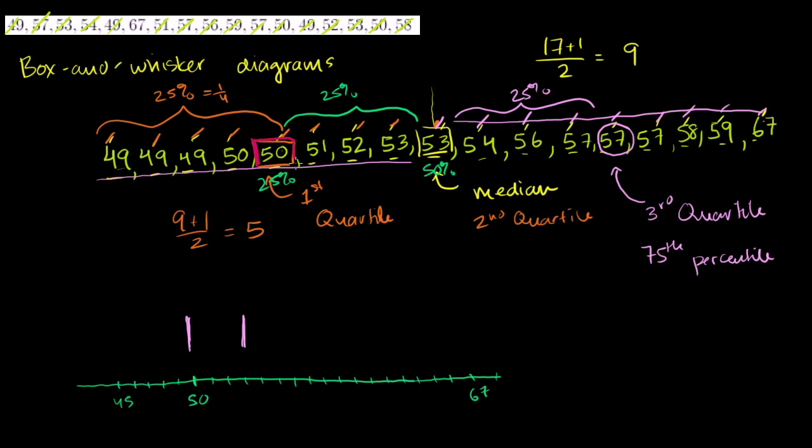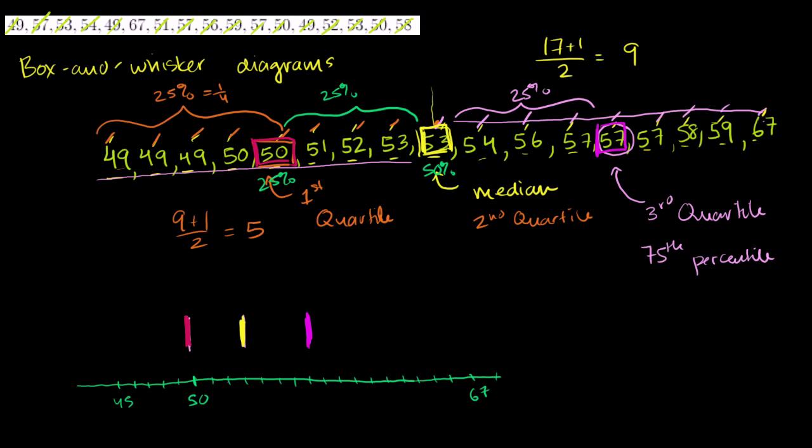This number right there is this number right there. This number, our third quartile, the number that is larger than 75% of the values, is 57. 1, 2, 3, 4, 5, 6, 7. It is this value right here. The median, just to be clear, was 53. That is this value right here.